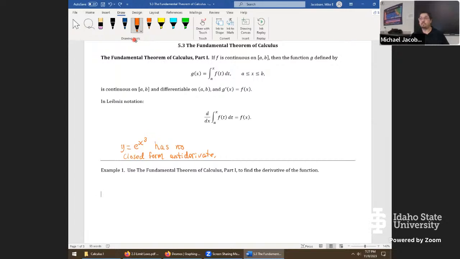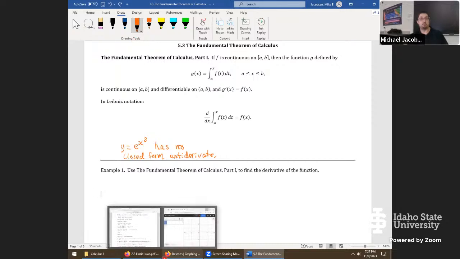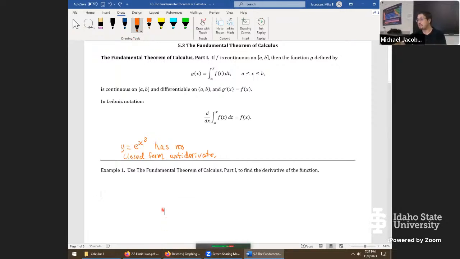Calculus 2 is going to show one way to do this through power series, but already there is an antiderivative that's valuable. This is useful in differential equations. It doesn't have a closed form antiderivative. However, f of x, which is a definite integral from, now this a can be any constant whatsoever.